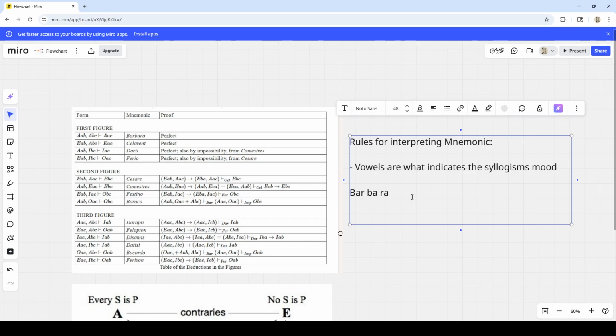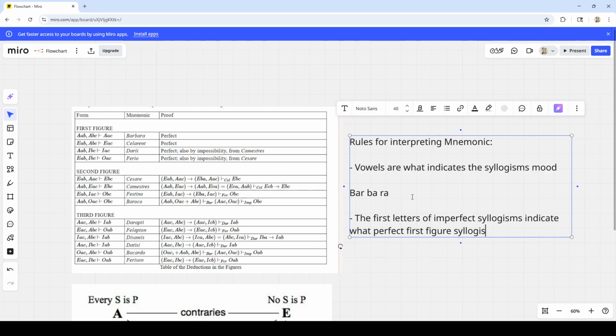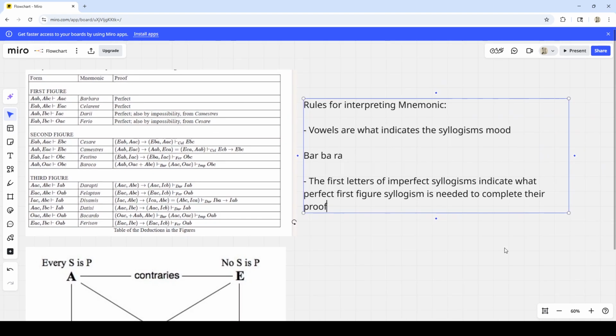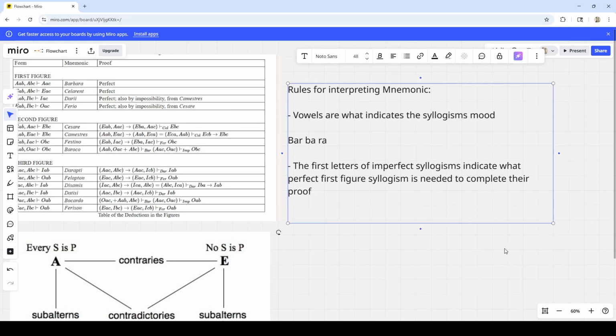So vowels indicate that its categorical sentences are universal positives, in this case for Barbara, right? The first letters of imperfect syllogisms indicate what perfect first figure syllogism is needed to complete their proof. So for example, Cesare in the second figure is going to be completed by Celarent, right? Because Celarent is a first figure syllogism.